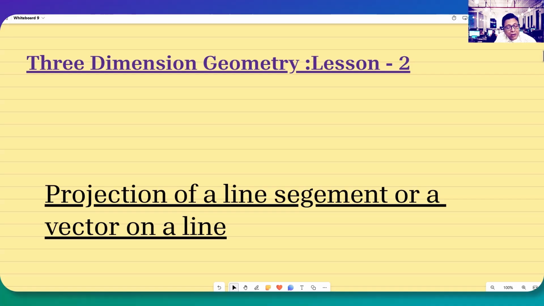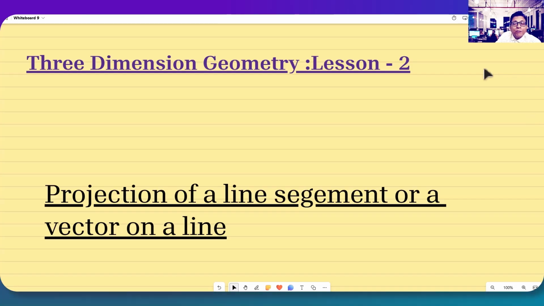In vector dot product, already I have explained the concept of projection of vector A on vector B. The formula I hope you all remember, but that formula is applicable in three-dimensional geometry because we will be treating 3D geometry here with the help of vector.